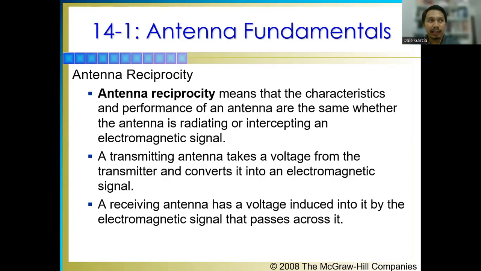So kung naa tay electronic communication system, pwede gid nga gamiton nato ang antenna for broadcasting purposes. Pero di ta pwede basta-basta, because I think gina-regulate na sa NTC kung kinsa lang ang pwede mag-use sa available bandwidth. So as consumers, pwede na ta maka-receive sa mga gi-transmit nga signal, pero di ta pwede basta-basta maka-transmit. Siguro for educational purposes, sa eskwelahan, sa laboratory, pwede na.